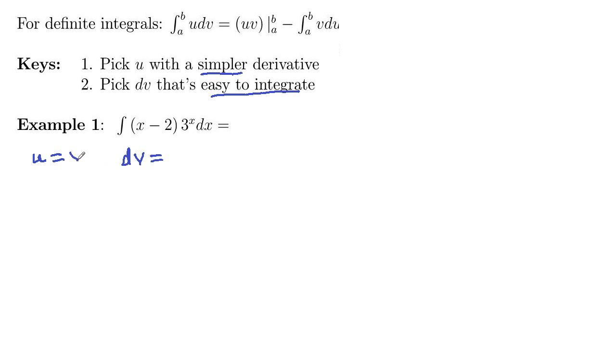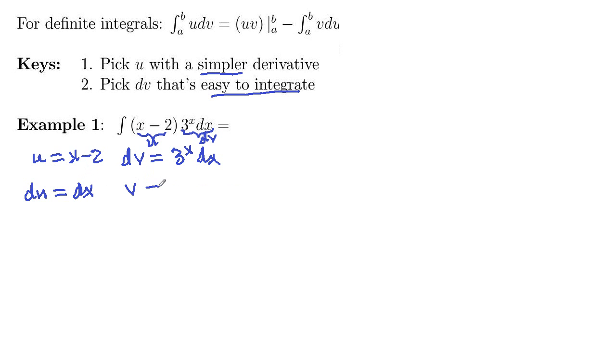So let's let u be x minus 2, and then our dv is going to be the 3 to the x dx. And that will have taken up the entire integral. So here is our u, and the 3 to the x dx is our dv. So then we first have to find our du. The derivative here is just 1 times dx, so du and dx are the same.